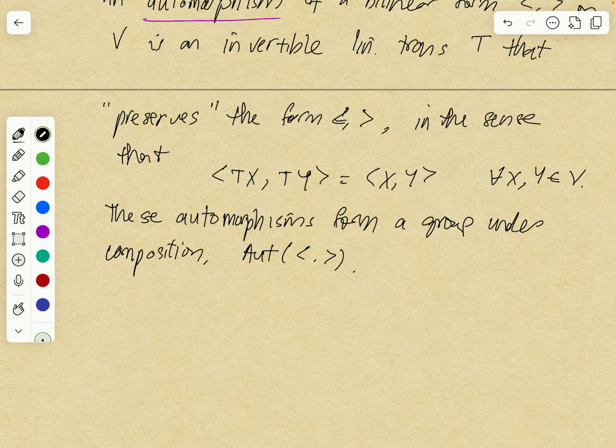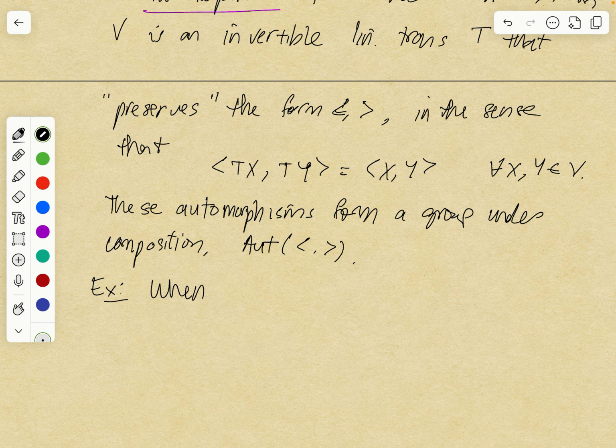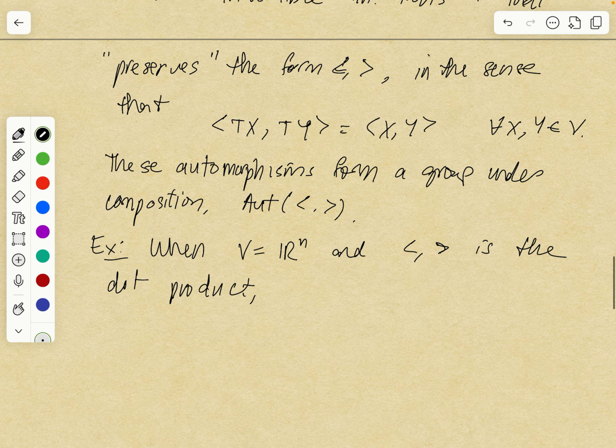Right, so when V is equal to Rn and the bilinear form is the dot product, the automorphism group of the form is just what we called O(n) of R.